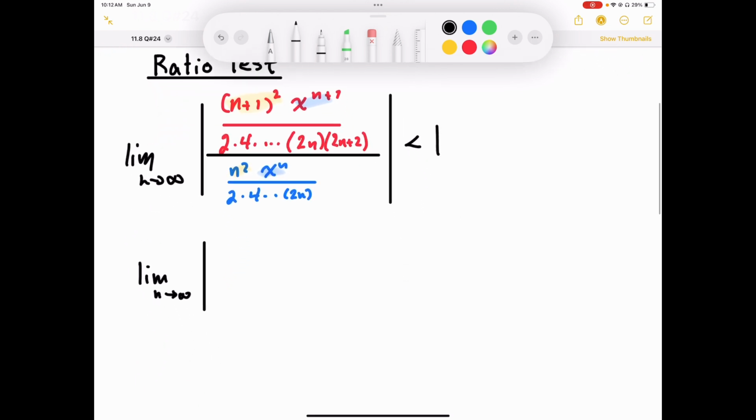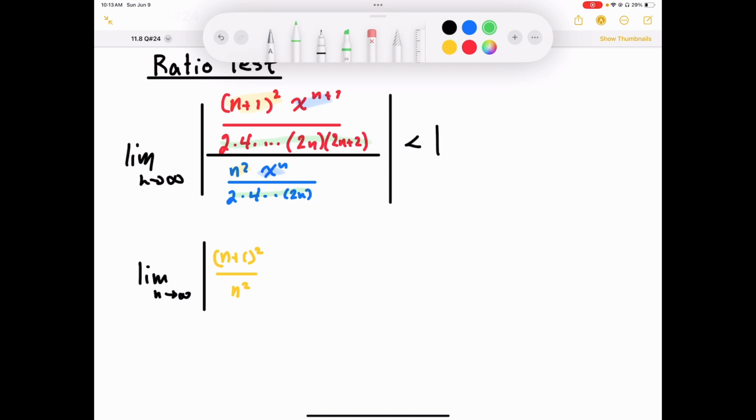Once we establish that, we're going to group some of our terms. So I'm going to group our n plus 1 squared with the n squared. I'm going to group the factorial parts of this, and I'll highlight that in green here.